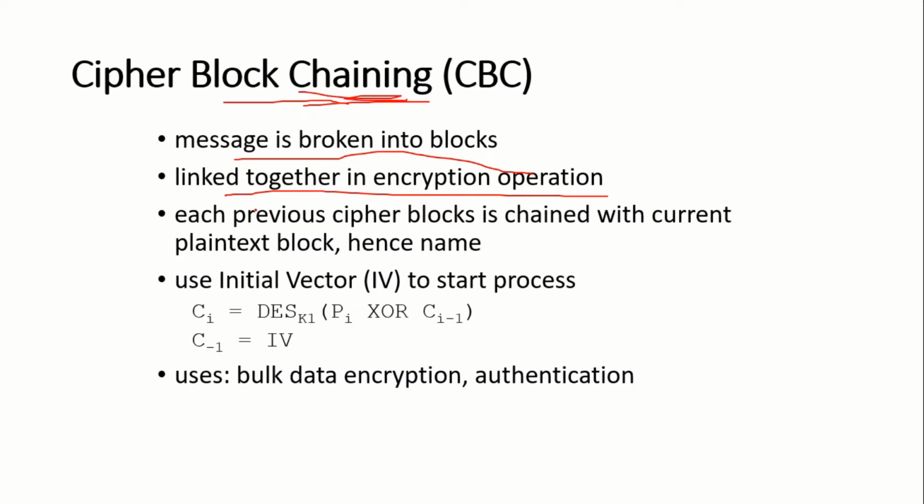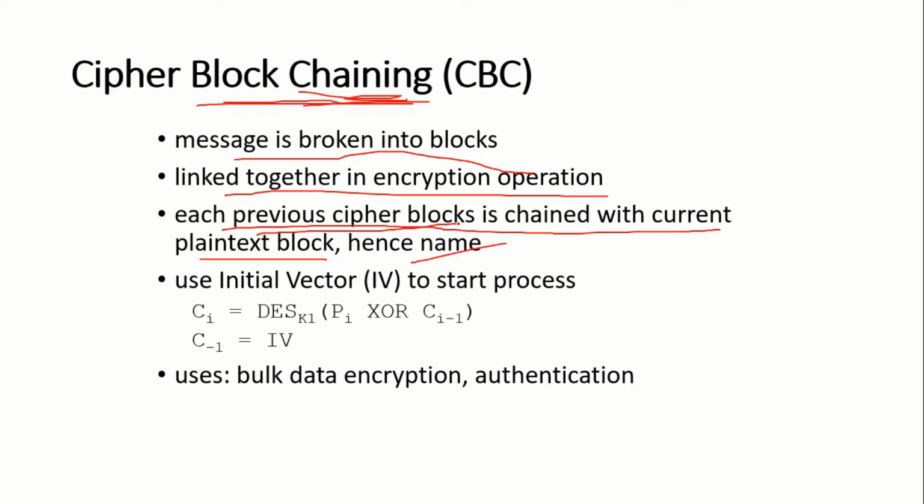So we will be making use of the previous cipher block to process the current plain text. So how do we do this? We'll discuss it in the next slide. Each previous cipher block is chained with the current plain text block, and hence we call it cipher block chaining, because these things are chained together, right? Now if we are at any intermediate plain text block, we can find out the previous cipher block.